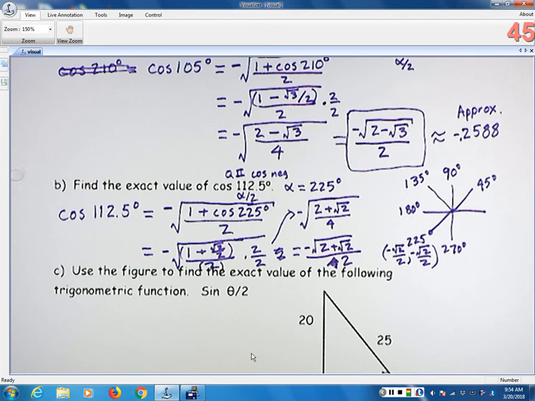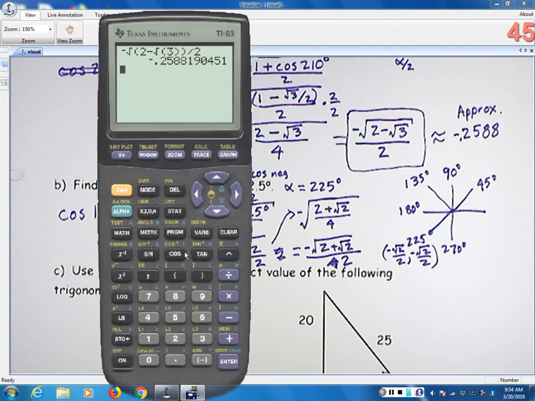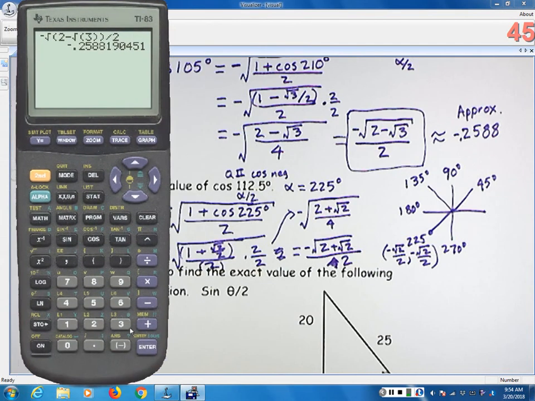We put that in our calculator. I forgot how long this was. It's a huge problem, but negative square root of 2 plus square root of 2.